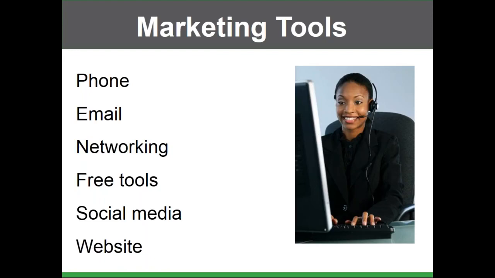So for some of us in 2018, using the telephone is the most important thing. Let me just say something to you. If you are selling to older consumers, you've got to understand that the telephone is still the most effective marketing tool for them, because that is how they've always communicated.